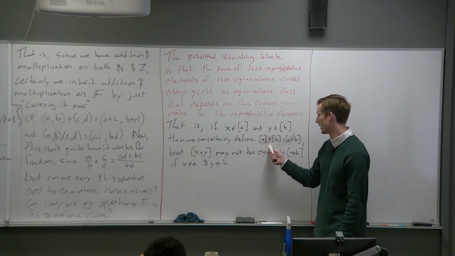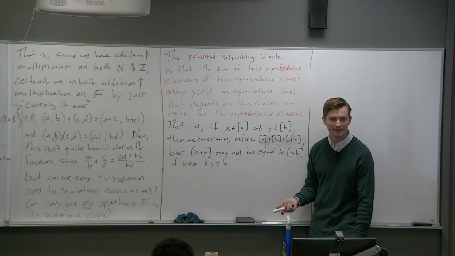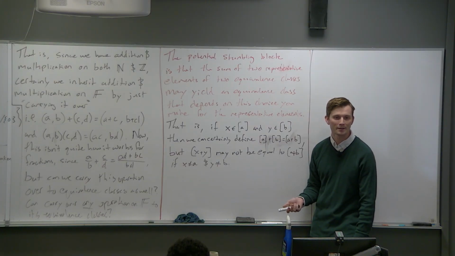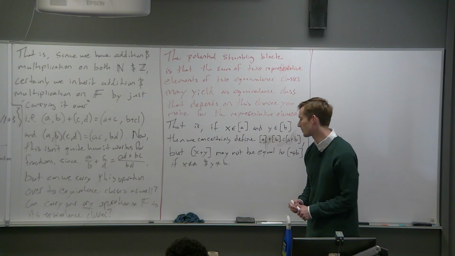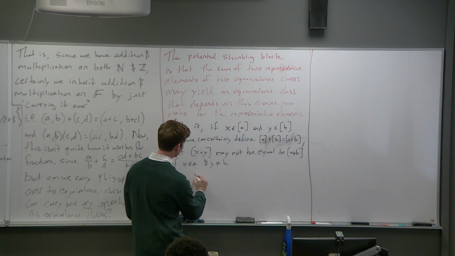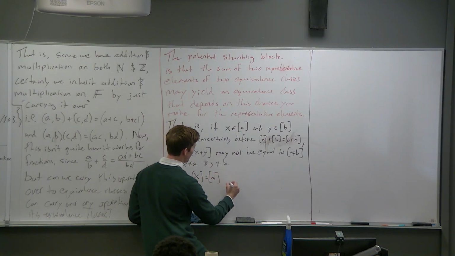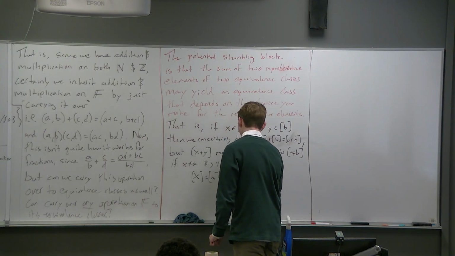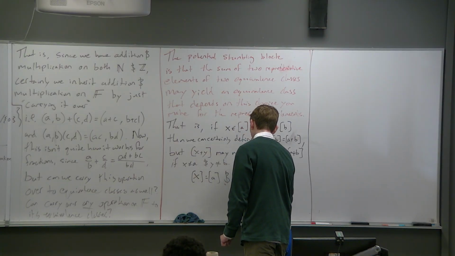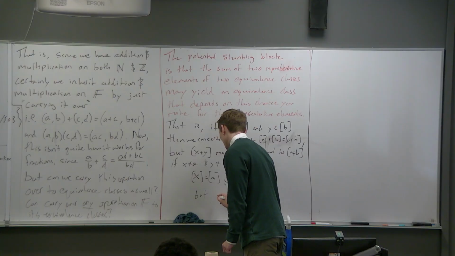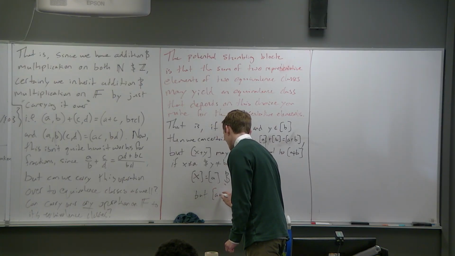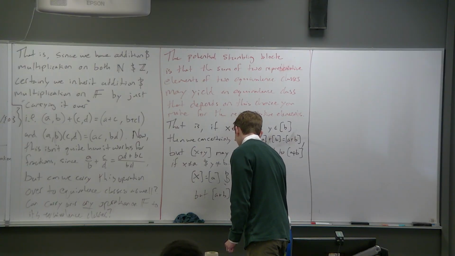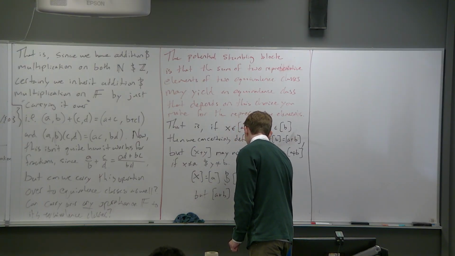We could say, hey, you can add two equivalence classes together by just adding together a representative element, but you may get different things. That is, you may have the equivalence class of x equals the equivalence class of A, and the equivalence class of y equals the equivalence class of B, but it could be the case that the equivalence class of A plus B is not equal to the equivalence class of x plus y.